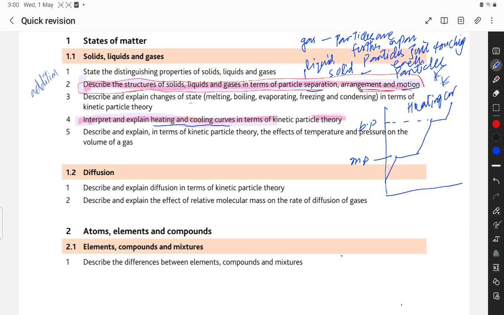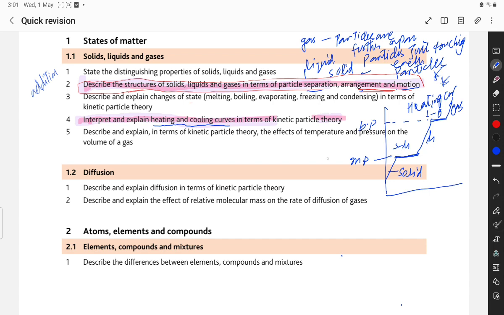You know that the melting point is constant. Over here it is solid, over here solid and liquid, in this part only liquid, over here liquid and gas, and this is gas. So while all the solid is melting, the temperature is constant, and until all the liquid changes into the gaseous state, the boiling point remains constant.